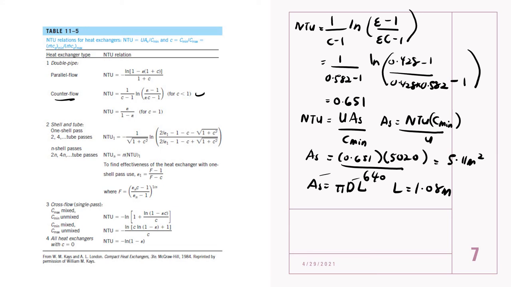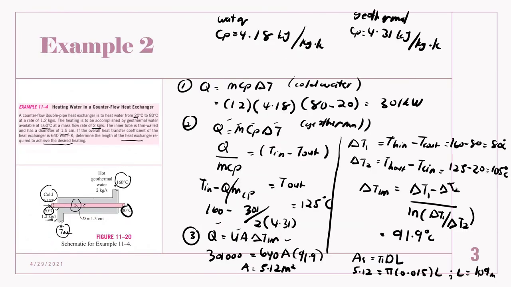Oh, so sorry. Try to check back with this one and example 2. So let me calculate back. Example 2, 5.12 divided by, times 0.015.